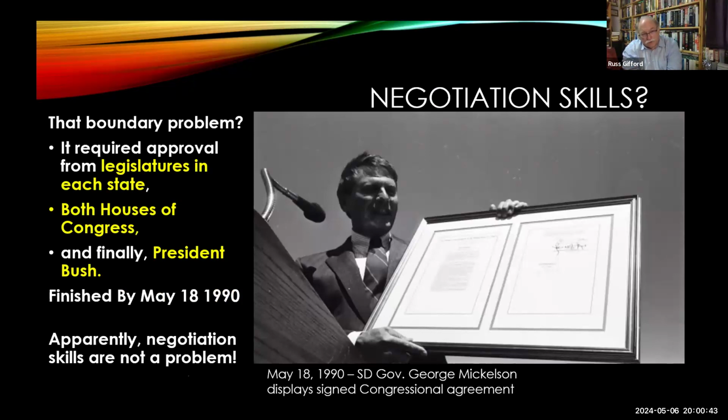It had to pass both legislatures in Nebraska and the House and Senate in South Dakota. It had to pass both houses of Congress, and then it had to be signed by the President of the United States. So he announces this in August of 1988, and it is finished by May 18, 1990. And this is a picture of then Governor George Mickelson displaying the congressional agreement that made this happen.